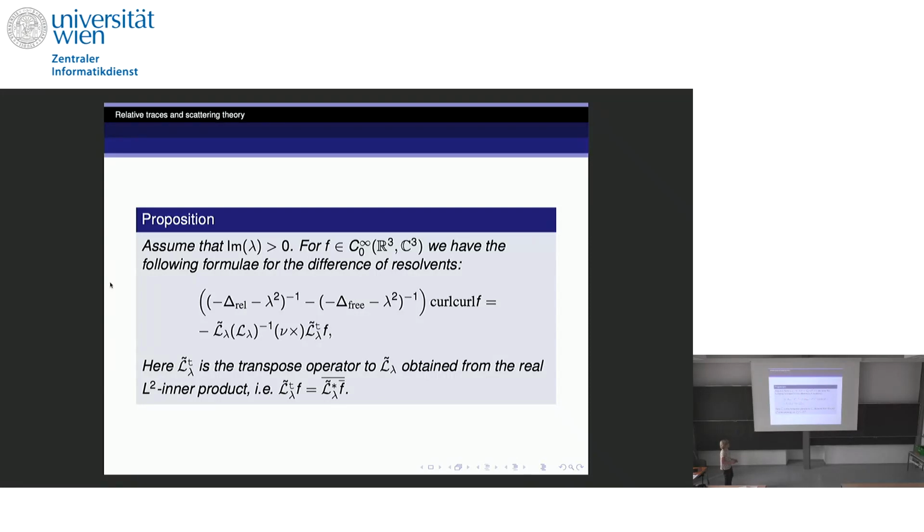So even before we start with a relative trace, we can actually compute the difference just between the free and the resolvents with both obstacles in. And you can see that it's actually expressible in terms of these layer potential operators.